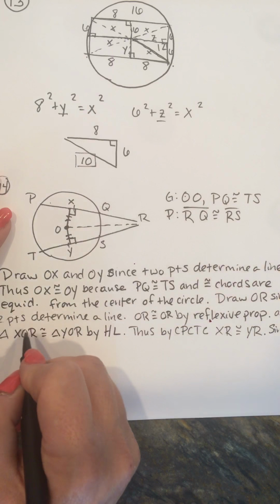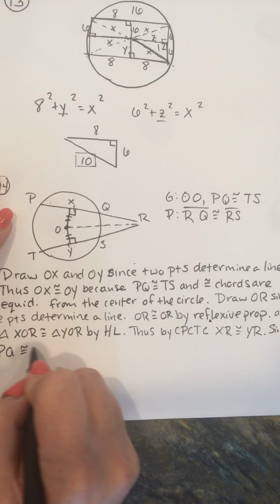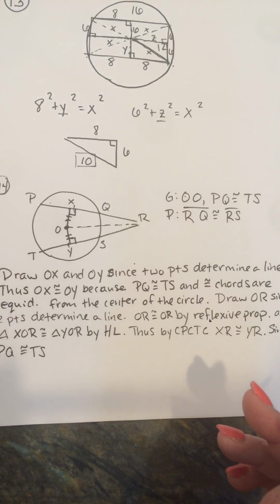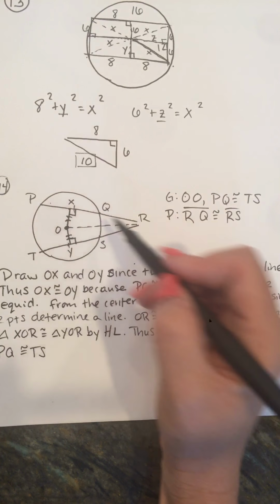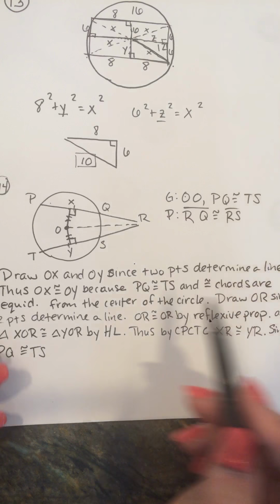Since PQ is congruent to TS, and remember back to section 1, which talked about the chords that are perpendicular. It said that if a radius is perpendicular to a chord, then it bisects the chord.